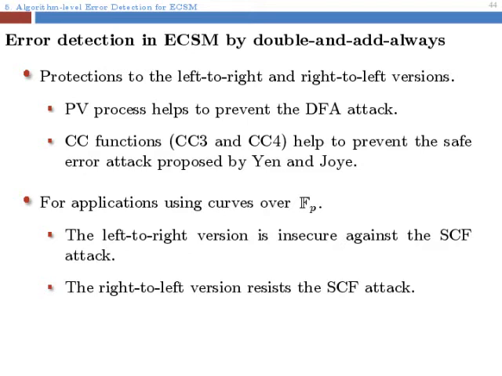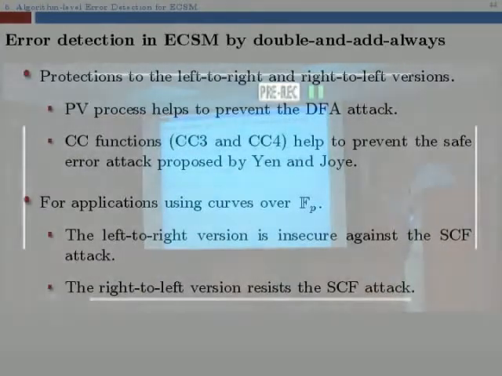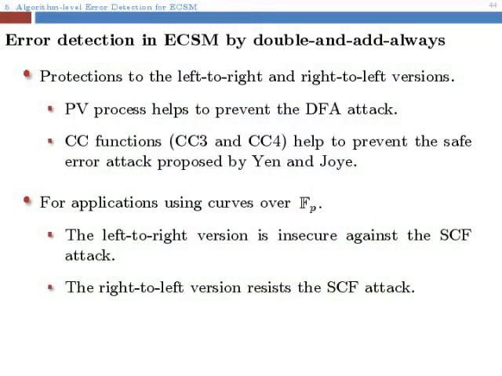Okay, and what about another approach for resisting this sign change attack? We investigated what could be useful, and we were looking for algorithms that have a strong coherence between the internal variables.